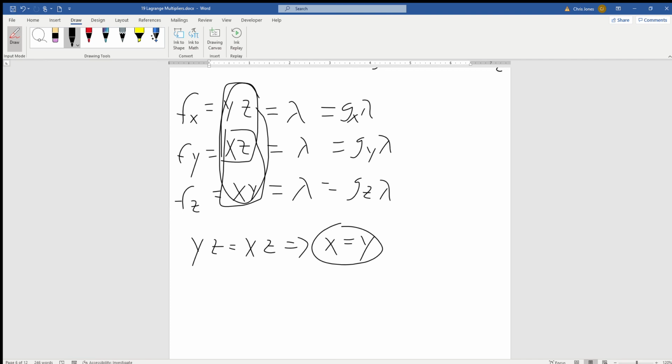And so we could say that xz is equal to xy, which would also imply that z equals y. And by transitivity, since x equals y and z equals y, that means x equals z. So we get this relationship, x equals y equals z.